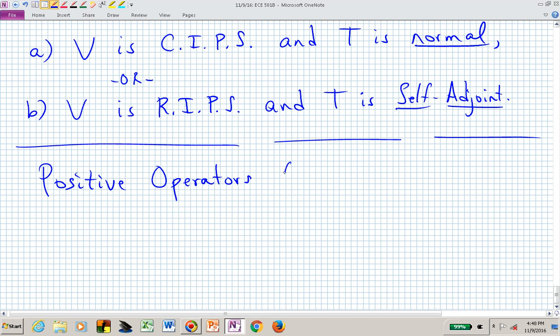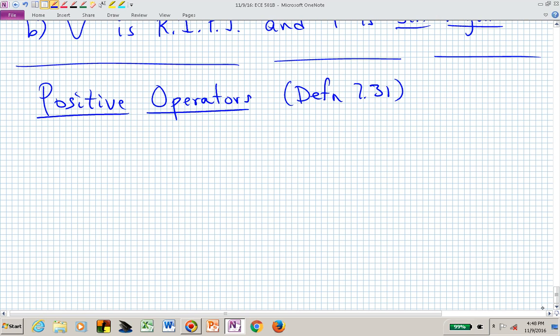And this is definition 31 in chapter 7. Again, when you hear positive operator, maybe what you should be thinking is this is how we are scaling, expanding or contracting information or vectors.